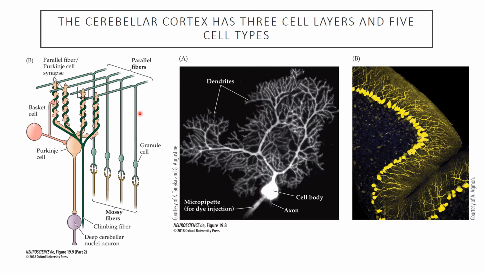So the information comes in through the granule cells, as well as coming in through the climbing fibers. There are some calculations and modulations that are made here, with the basket cells playing an important role. And then all that information that's been calculated is outputted through the Purkinje cells, and then they synapse onto the deep cerebellar nuclei neurons. So this is the cerebellar cortical loop.